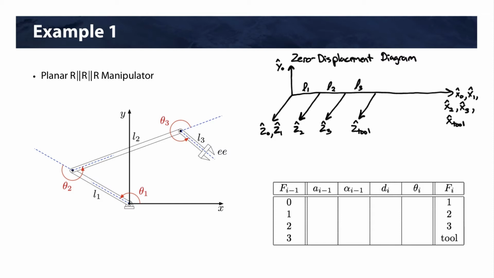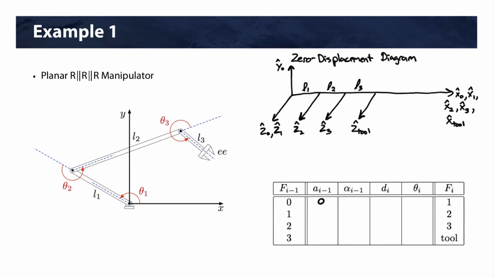To get from frame 0 to frame 1, remember that a i minus 1 is the distance between Z i minus 1 and Z i measured along X i minus 1. Well, they're coincident, so there is no distance between those two. So we're going to have 0 there.